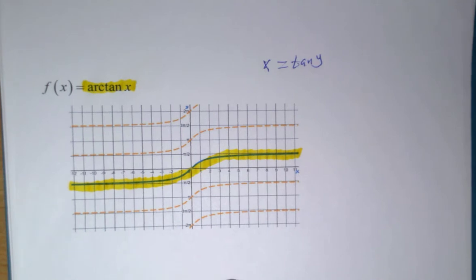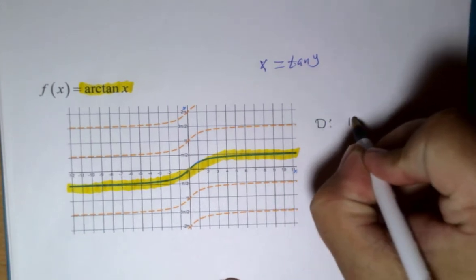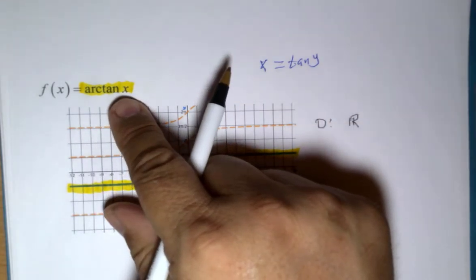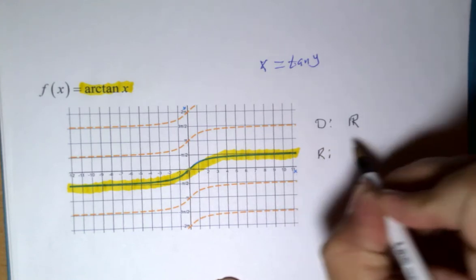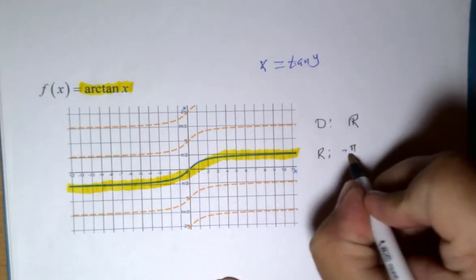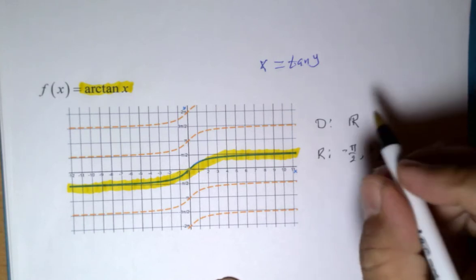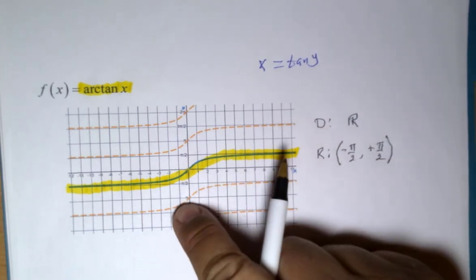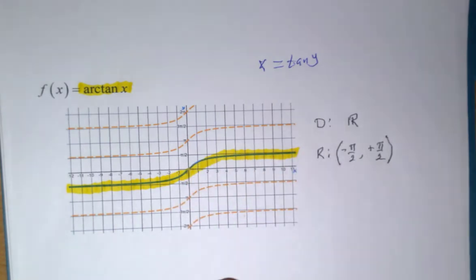And the domain of this function is all real values. You can input any x you want to inverse tangent, and the output you get, called the range, will be something between -π/2 and +π/2, but not including. It will not include. It will get close to but not touch that horizontal line here and here.